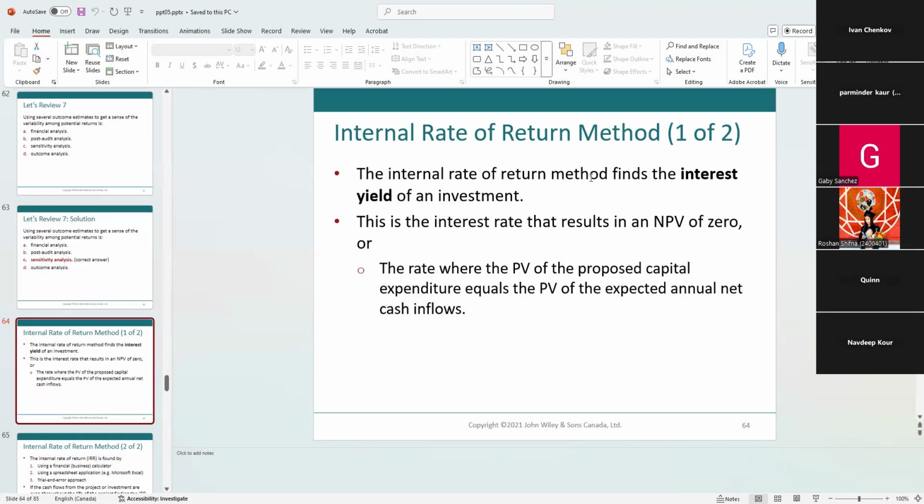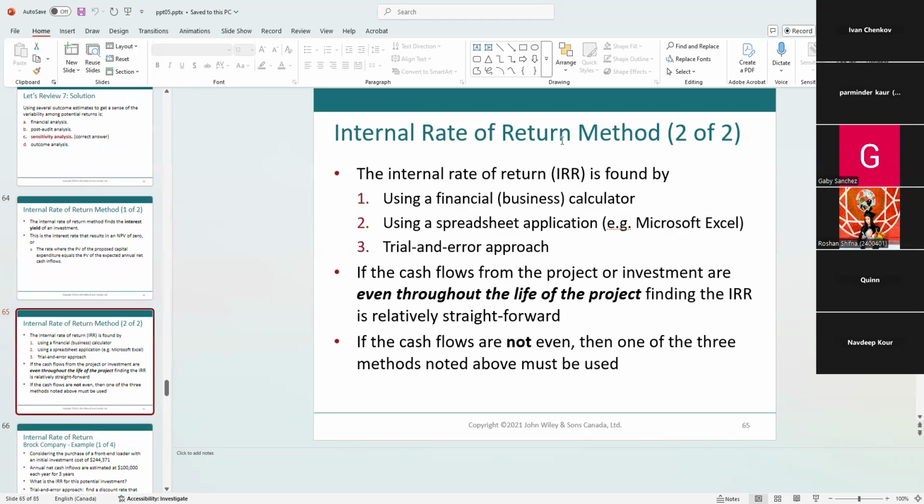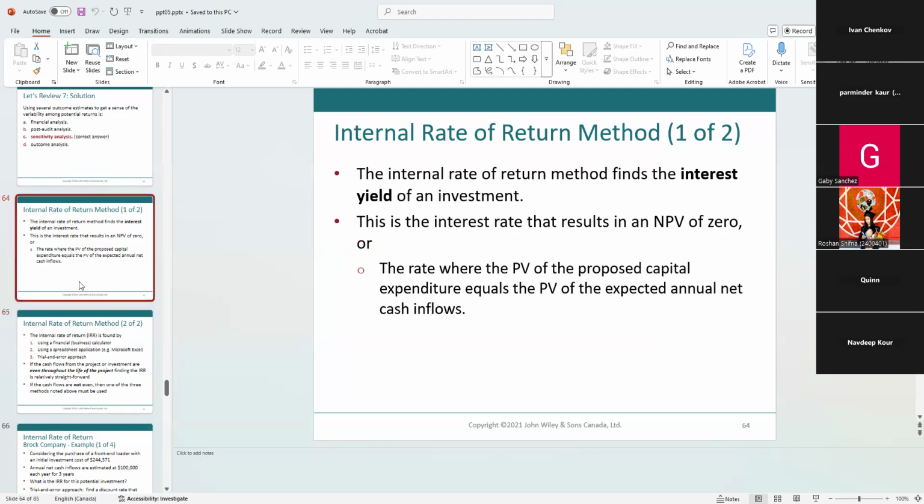The internal rate of return is the method which finds the interest rate of the investment, and we're using that interest rate to calculate the net present value, where the net present value is equal to 0. Now, for the internal rate of return method we should use the financial calculator, or we can use the Excel spreadsheet. In our case, we're going to use the Excel spreadsheet. The question is, at which point does the present value become 0? That's the only thing that we're chasing.